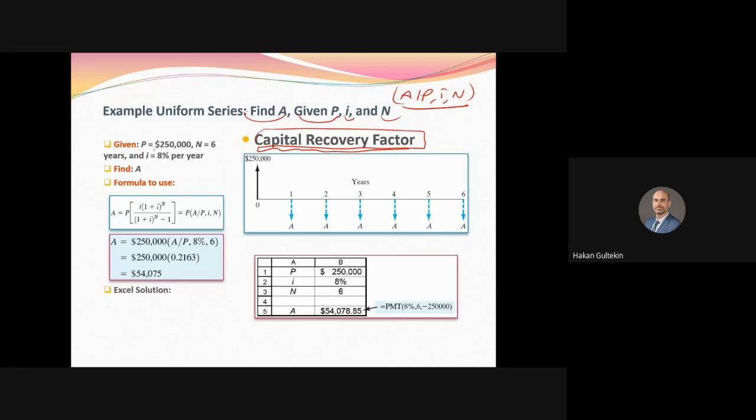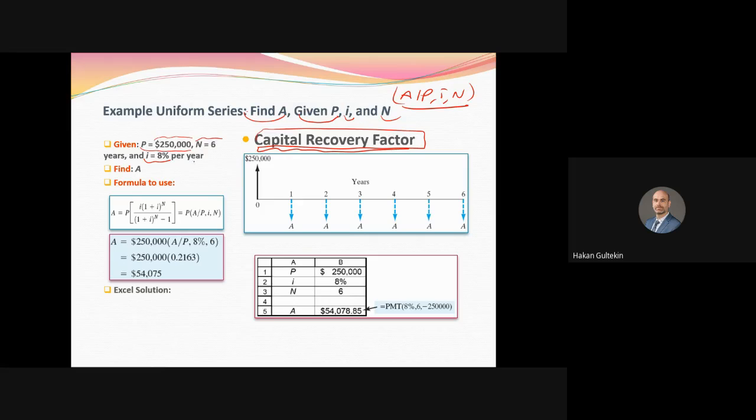And let's consider an example which says that the present value of a lump sum of money is 250,000. Consider this. You get a bank loan of 250,000 today, and we want to pay this amount back to the bank in 6 equal payments with an interest rate of 8% per year.